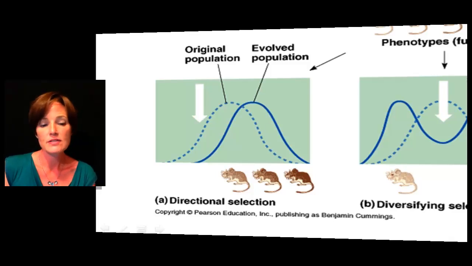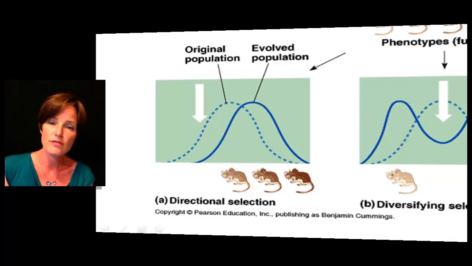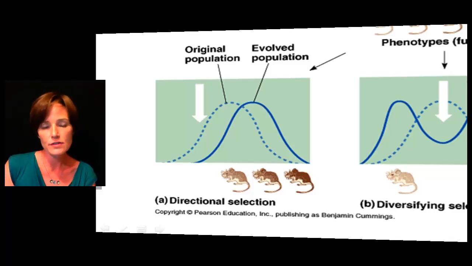So we may be selecting for darker mice, as we see in this particular graph. You could have some kind of event or change in the environment where it was selected in the other direction. But regardless, we see differential success in reproduction of one type of fur color over another. So we see a shift in the overall fur colors in the population.